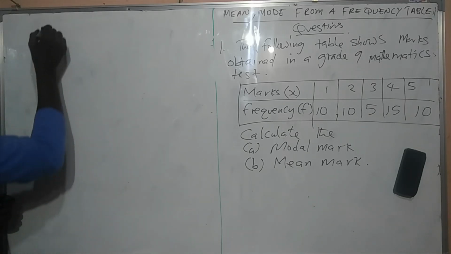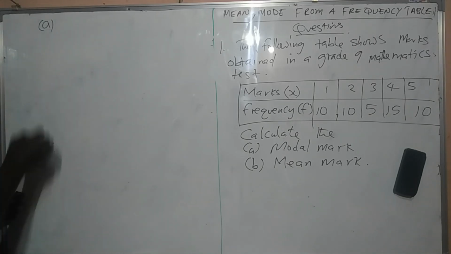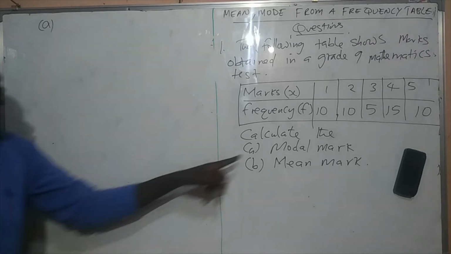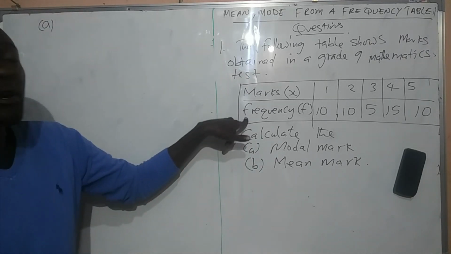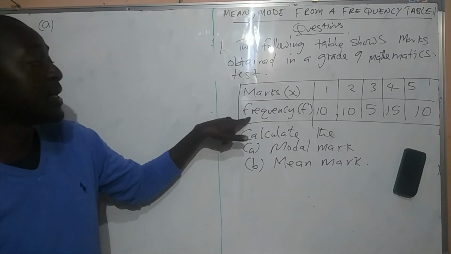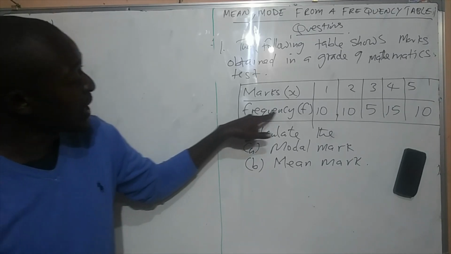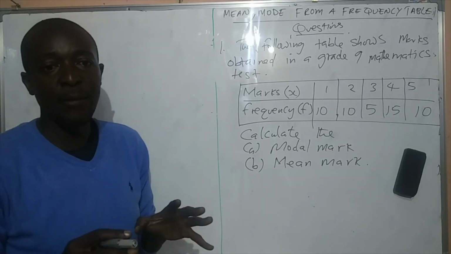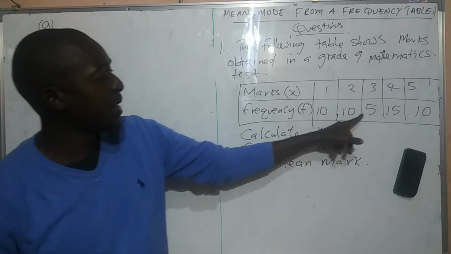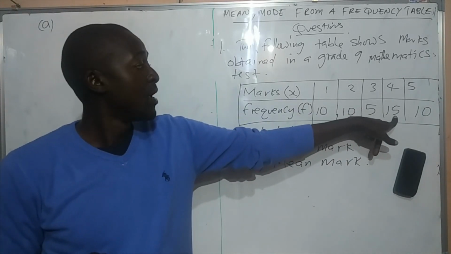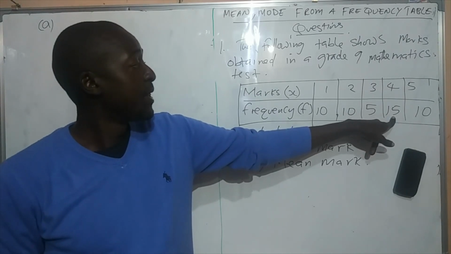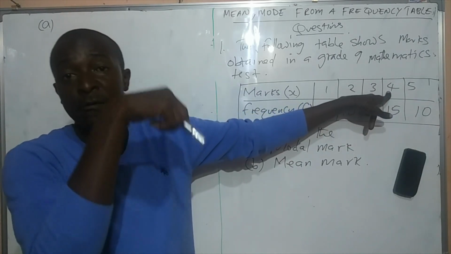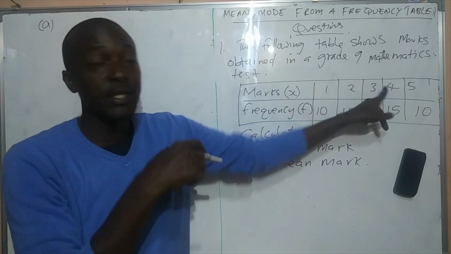The way we find the modal mark is we come to the frequency. You check the numbers down here and look for the biggest number. In this case, the biggest number is 15. So if 15 is the biggest, then 4, the number on top of it, is the answer for the mode.